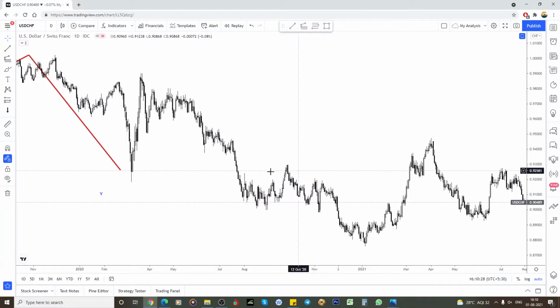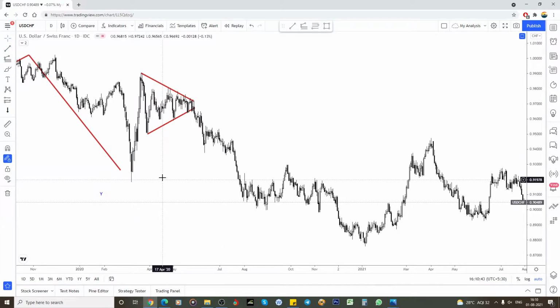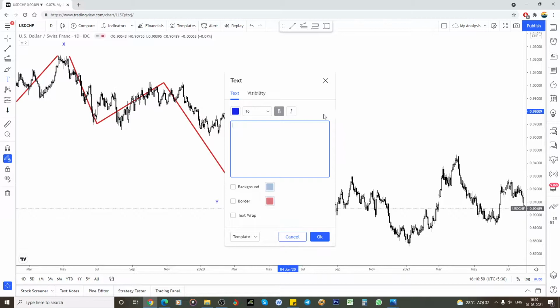Okay, so here it's a triangle, and everybody is looking for this, including myself. I'm looking for this kind of wave pattern. What it did, it broke this previous low. So that means the whole thing becomes an X wave. So we need to mark this as an X wave.